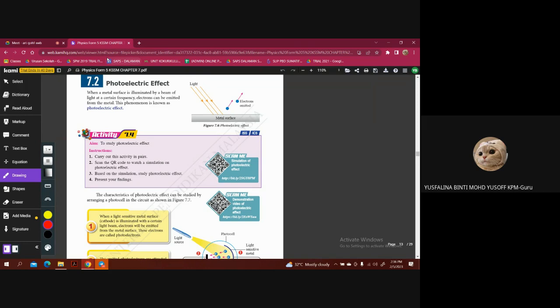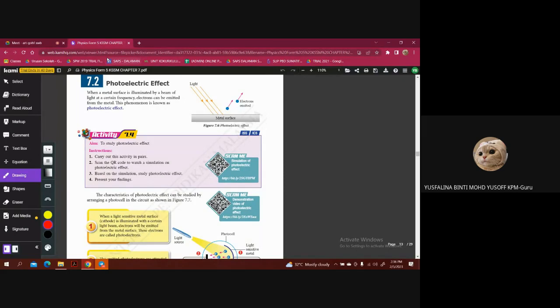At the same time it acts as a particle, in a packet. I already told you that the light energy is packed in a packet that we call a photon.